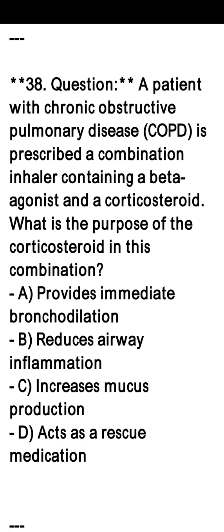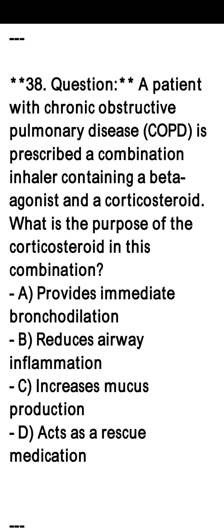Next, a patient with chronic obstructive pulmonary disease, COPD, is prescribed a combination inhaler containing a beta agonist and corticosteroid. What is the purpose of the corticosteroid in this combination? A. Provides immediate bronchodilation. B. Reduces airway inflammation. C. Increases mucus production.